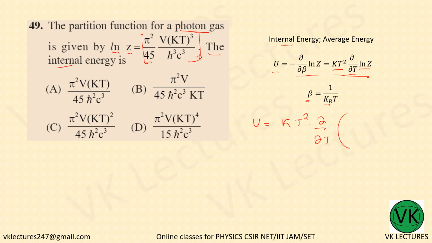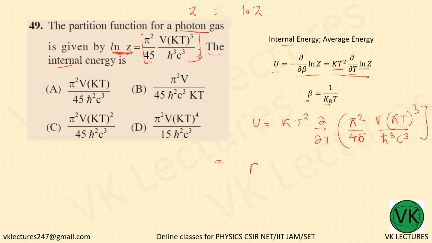What you need in this equation is log z, and here log z is given. So log z is pi square divided by 45 into V into kT whole cube divided by h cross cube c cube. Now we can take all the constants outside.